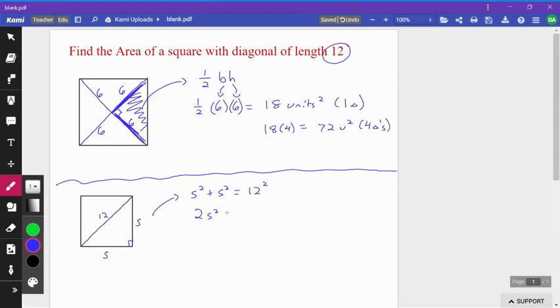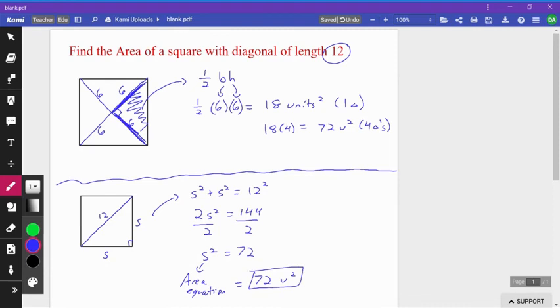So that's 2 side squared equals 144, divided by 2, side squared equals 72. Now this is the area equation, and it equals 72 units squared.